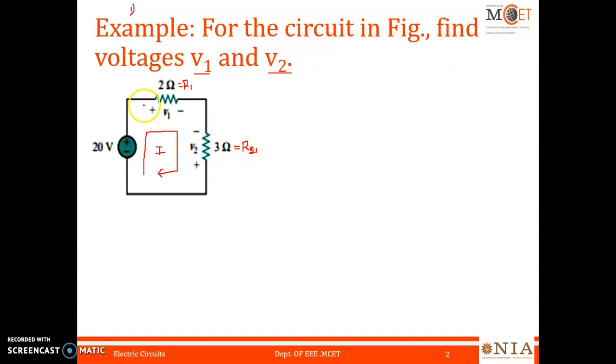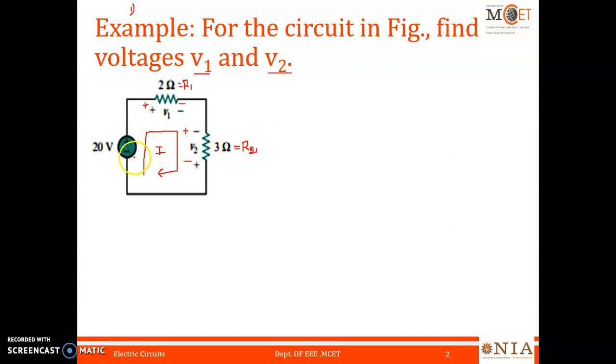Now the current entering the branch R1 is positive and current leaving the branch R1 is negative. Similarly, the current entering the branch R2, that is the 3 ohm resistor, is positive and current leaving the branch R2 is negative. Now I have to apply Kirchhoff's voltage law, which says the algebraic sum of the voltage rises equals the algebraic sum of the voltage drops in a closed circuit.